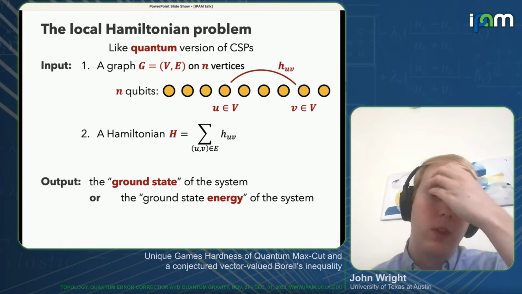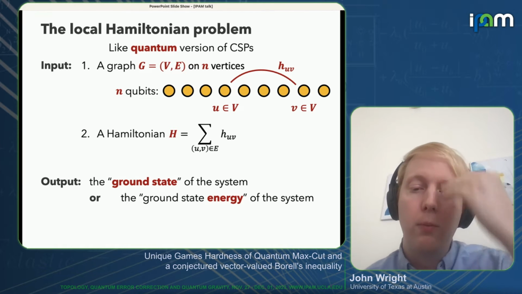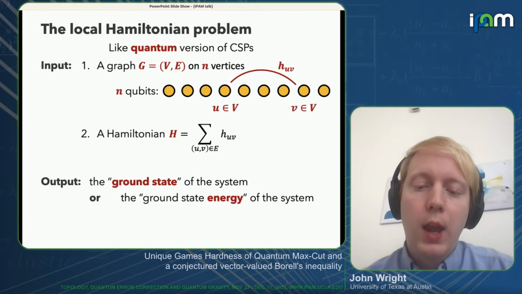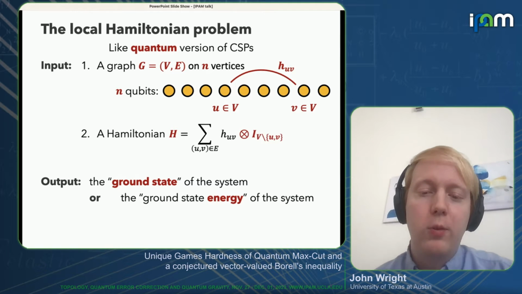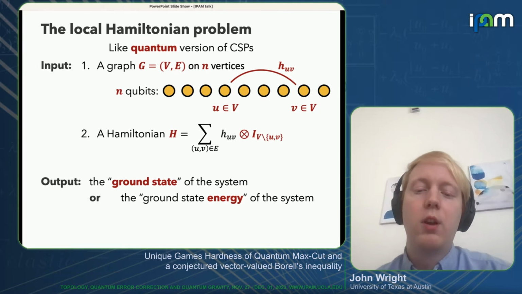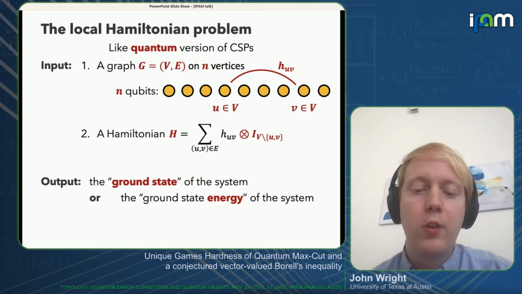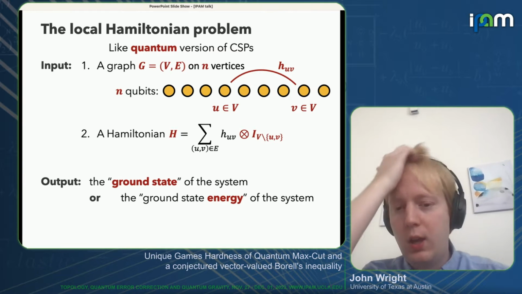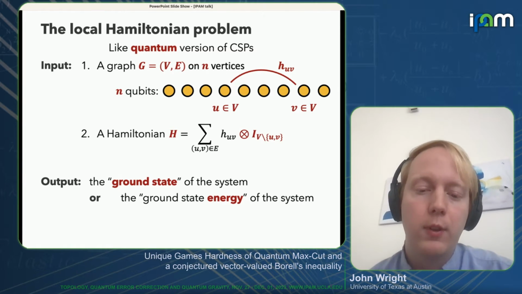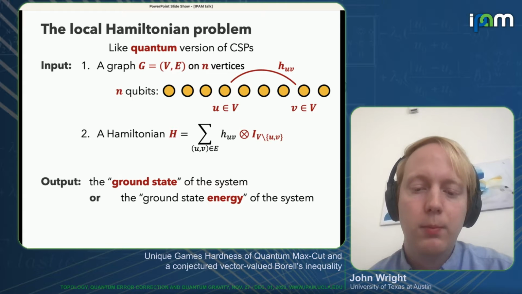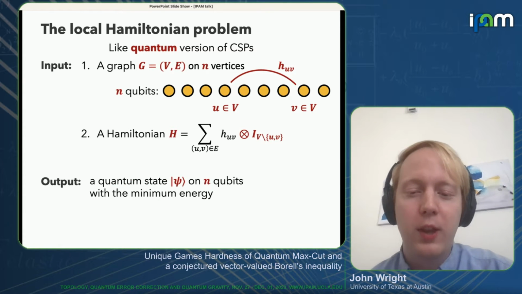If they're qubits, this is going to be a 4x4 matrix. We're always going to implicitly assume that there's a tensor identity here, and that allows us to extend this local term, which acts on 2 qubits, to a term that acts on all n qubits. But typically, we won't write that tensor identity. It's just always assumed.